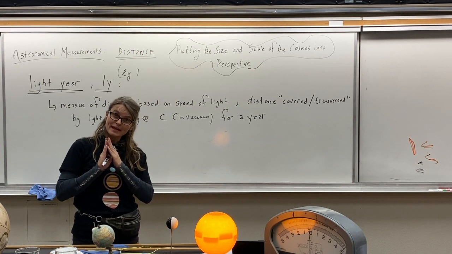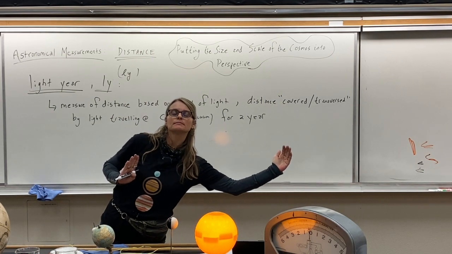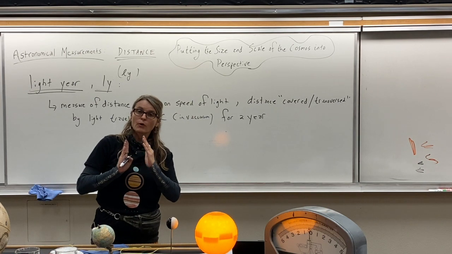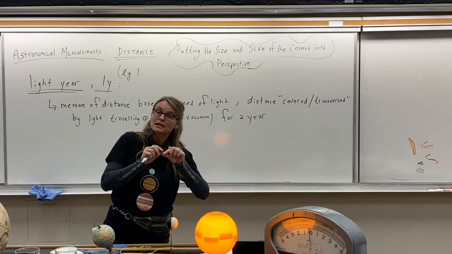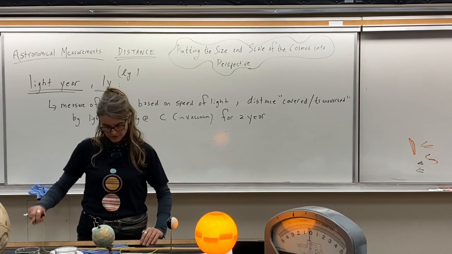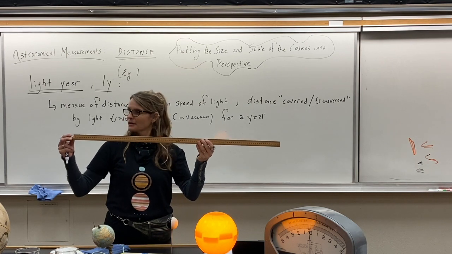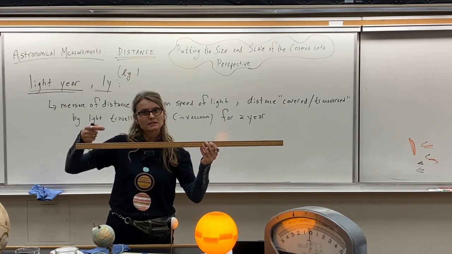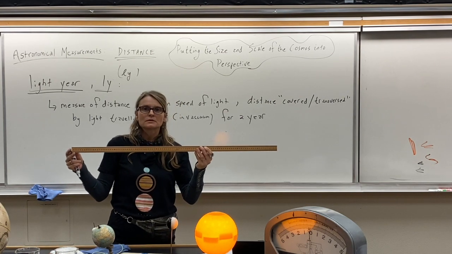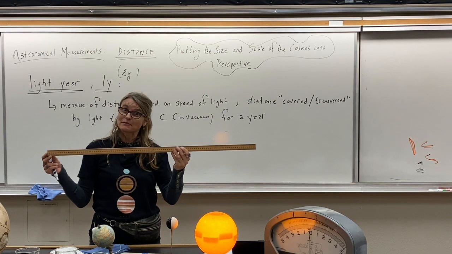So as light moves that fast, it will cover a certain amount of distance. And if you let it travel for a whole year and you measure the distance it covered, that would be a light year. It's really hard to imagine, but think of this as a light stick. You let the light go and it's traveling at 3 times 10 to the 8 meters per second, which is 300,000,000 meters every second.